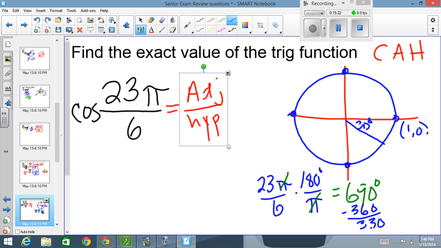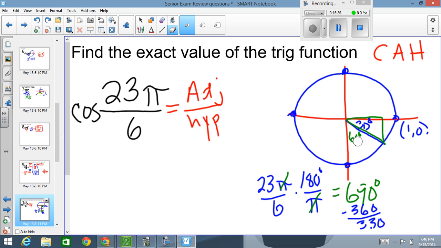The reason I draw the 30 instead of the 60 is because I'm going to make my right triangle this way. Okay, so writing 60 down here doesn't do me a lot of good. Okay, that doesn't really help me. What I need is that 30 degree. Alright, so now we know on the unit circle this is definitely going to be a length of 1.